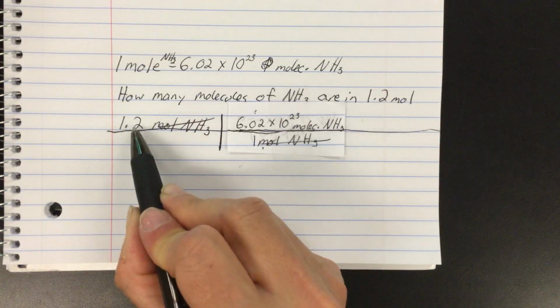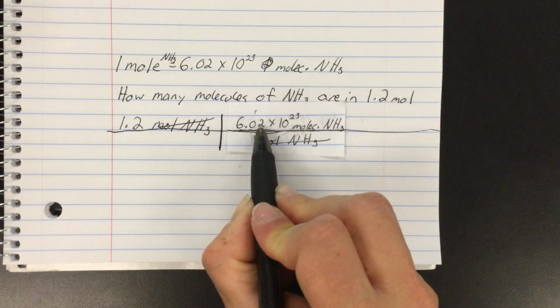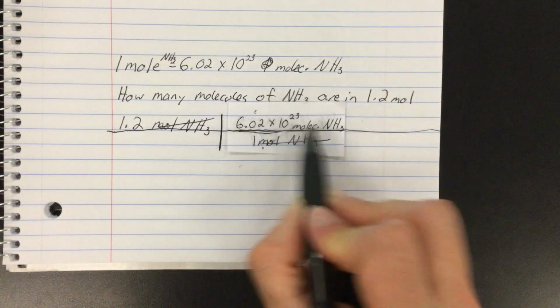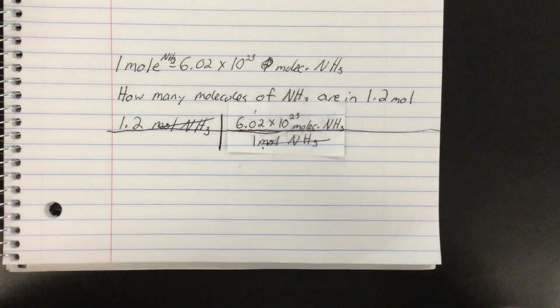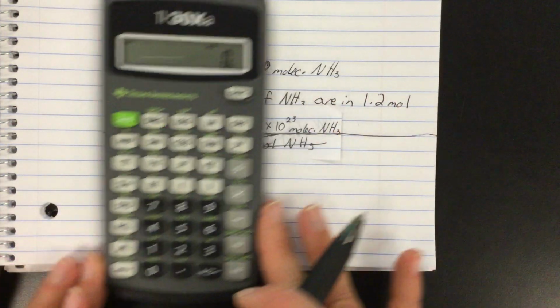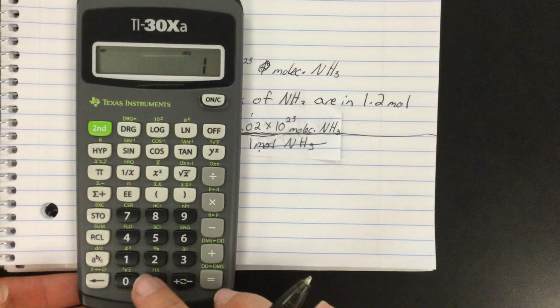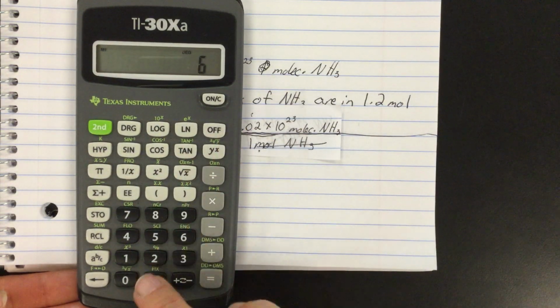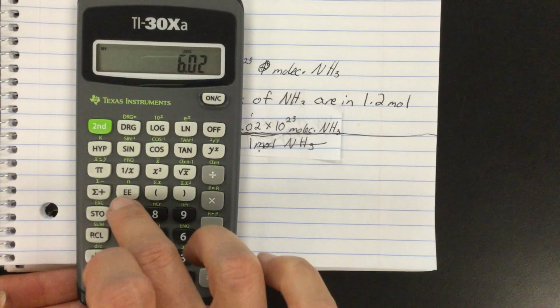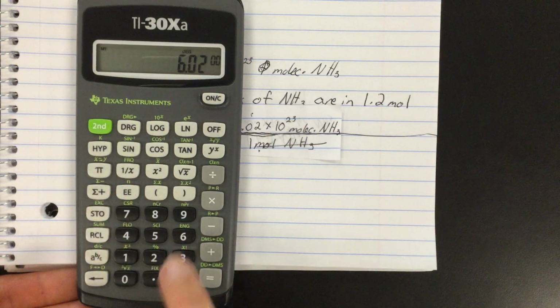So to find our answer here, we're going to take 1.2 times the 6.02. We're going to multiply everything on the top of the fraction bar, and then we're going to divide by everything on the bottom. Now, buttons on your calculator, 1.2 times, on my calculator right here, I'm going to go 6.02, and I'm going to push this button that says EE 23.